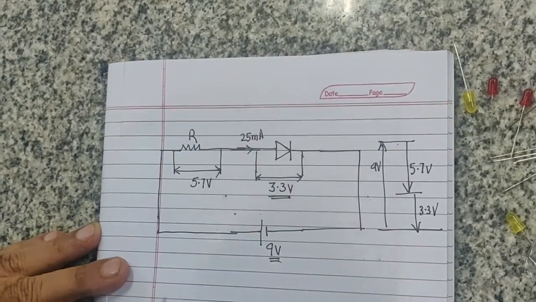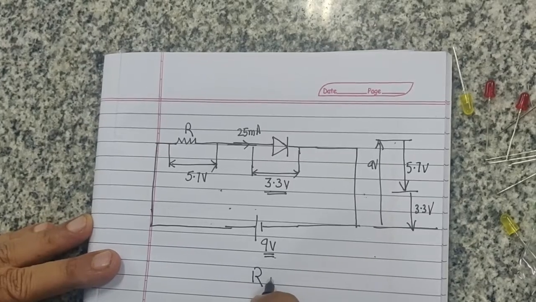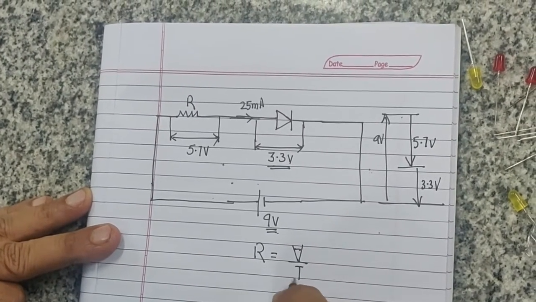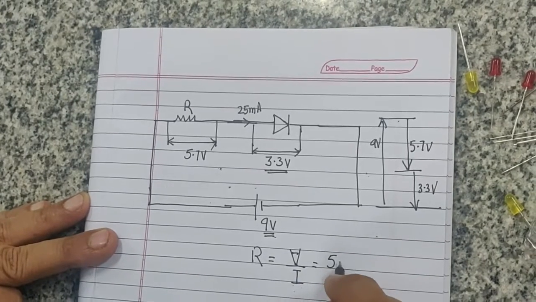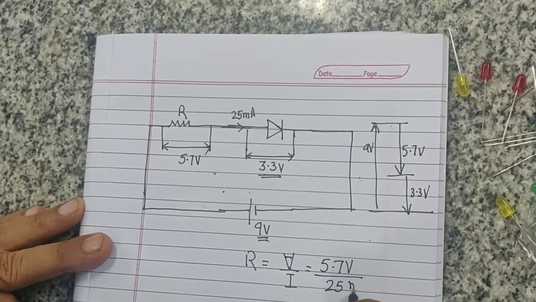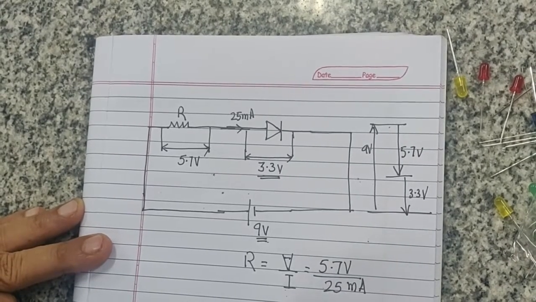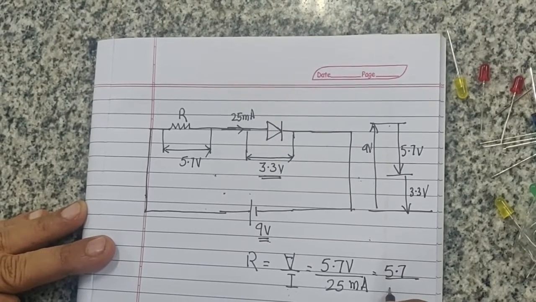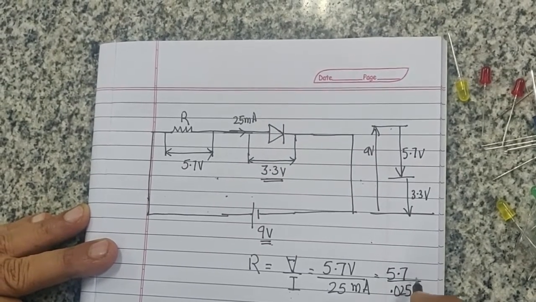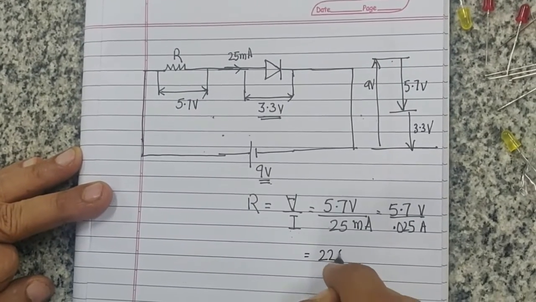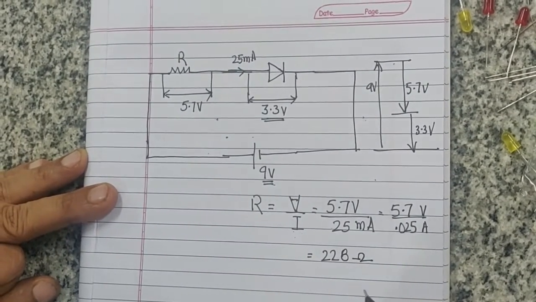That gives us a hint to calculate R. The R value is going to be V by I, that's 5.7 volts divided by 0.025 amps, which is about 228 ohms.